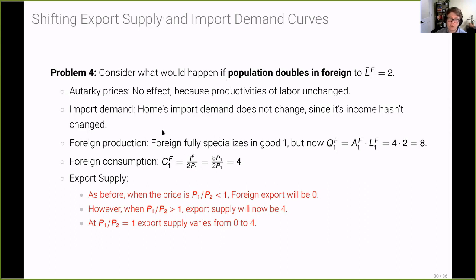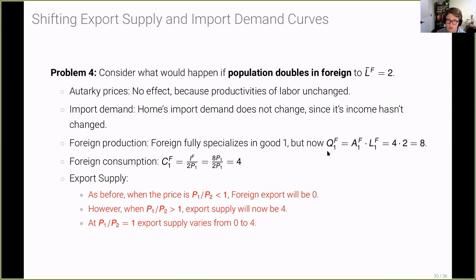We don't have any change in autarky prices, so we have no change in the ranges in which both countries are going to choose to specialize. So like before, foreign is going to have a comparative advantage in good 1.